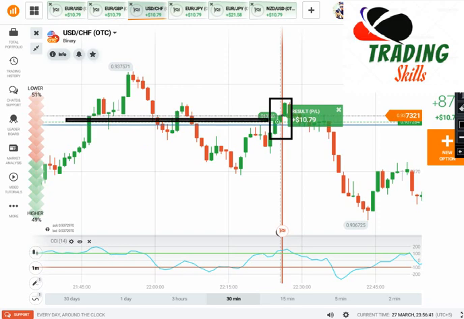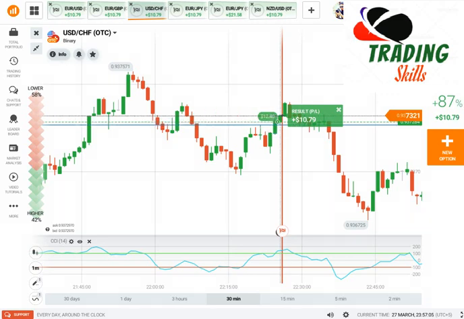This is the area, so there is a gap to the level. In this zone, it is very much visible that there is no support and resistance. Therefore the next candle went up.